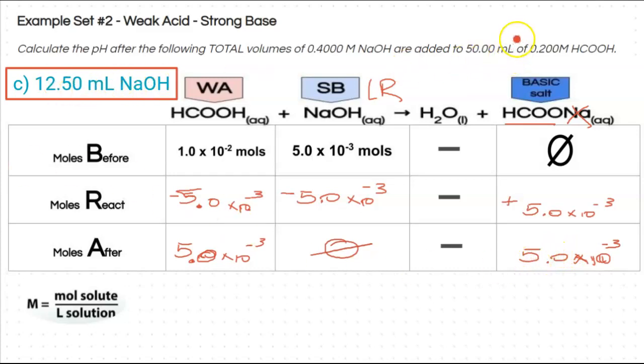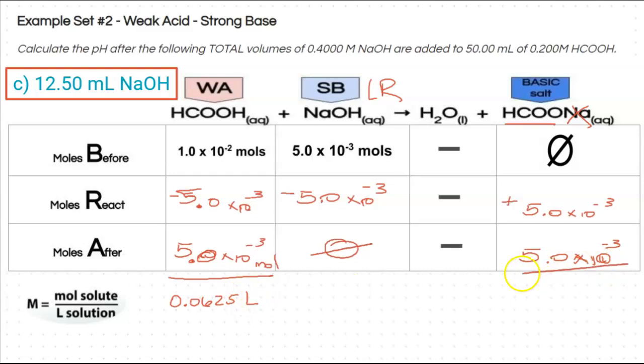So I had 50 milliliters of acid, and I added 12.5 milliliters of base, which gives me a value of 62.5 milliliters. So I will divide my moles of acid, 5.0 times 10 to the negative third moles of acid, divided by 0.0625 liters of solution.